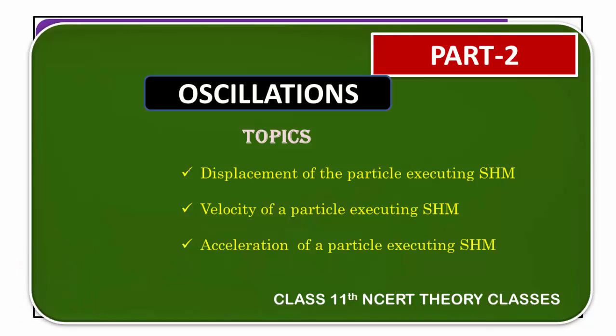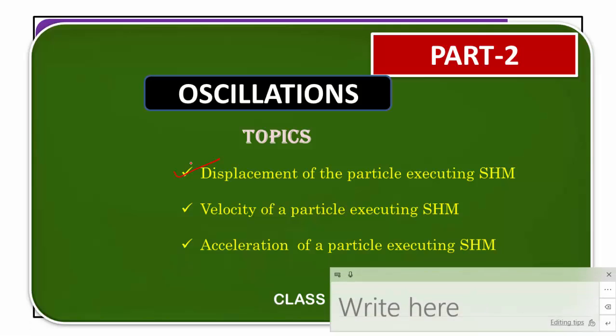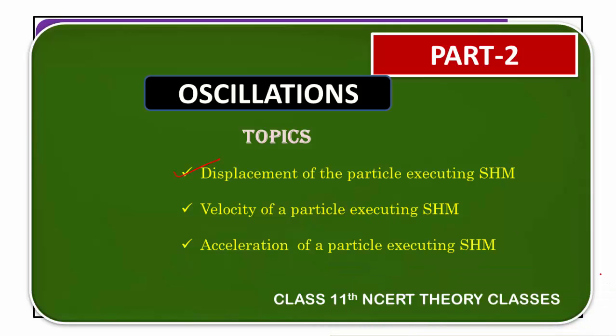Displacement of the particle executing simple harmonic motion. In case of simple harmonic motion, the magnitude of the force is directly proportional to the displacement of the particle, and the force always acts towards its mean position.